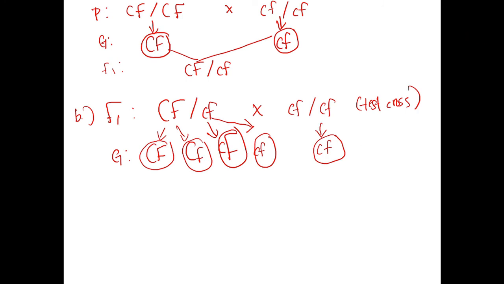So for this one, you can use Punnett square if you want. Kalau tak mau pun tak apa sebab dia tak specify. So your F2 generation, okay, the arrow here, that means fertilization occurs. So here you will have heterozygous offspring. Ni dengan ni, C F kecil.